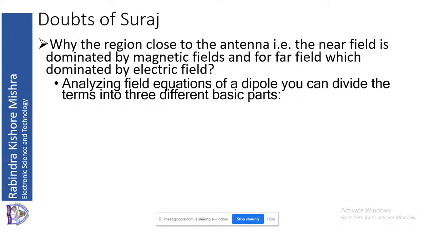Any other antenna, the linear antennas that we discussed, can be thought of as an array of Hertzian dipoles, where the distance between two consecutive elements is 0.